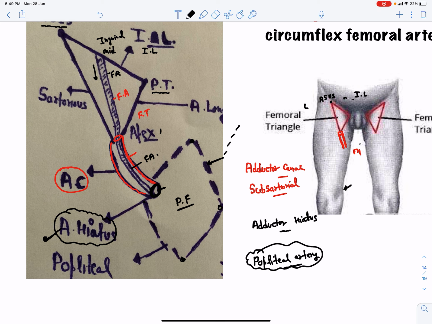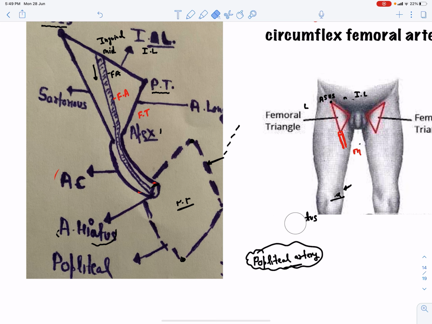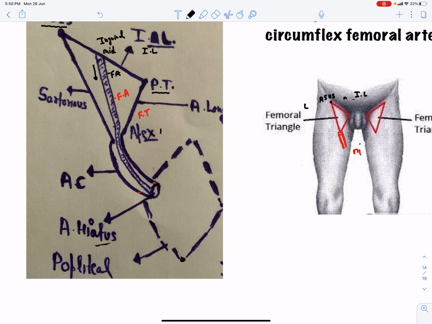What is the popliteal fossa? It is a diamond shaped depression on the posterior side of the knee. Is it clear?